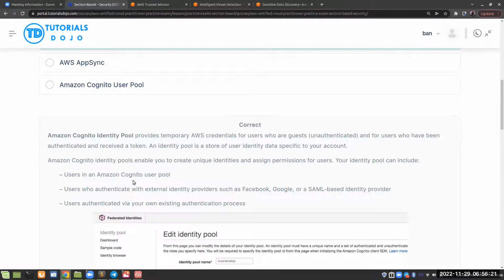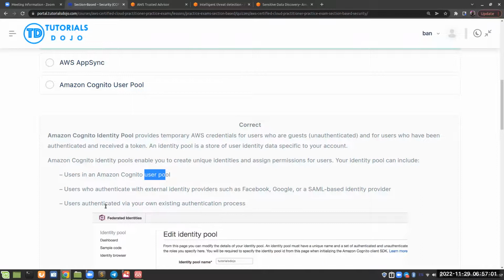But when you think of an Amazon Cognito user pool, just think of a pool of users. So when you create an identity pool, it can include members who are from the user pool. It can be members who have logged in using Facebook. For most of you, I'm sure some have experienced this: you go to a website and want to sign in, and it asks whether you should use your Google account or Facebook account. In the background, it may have something like users logging in with external providers like Facebook.